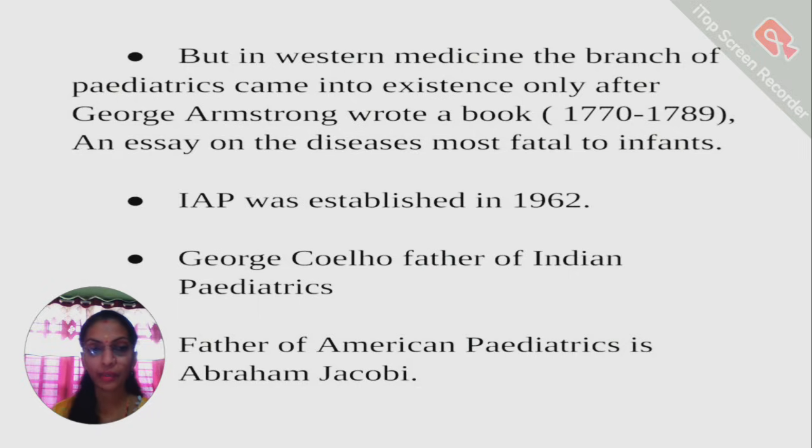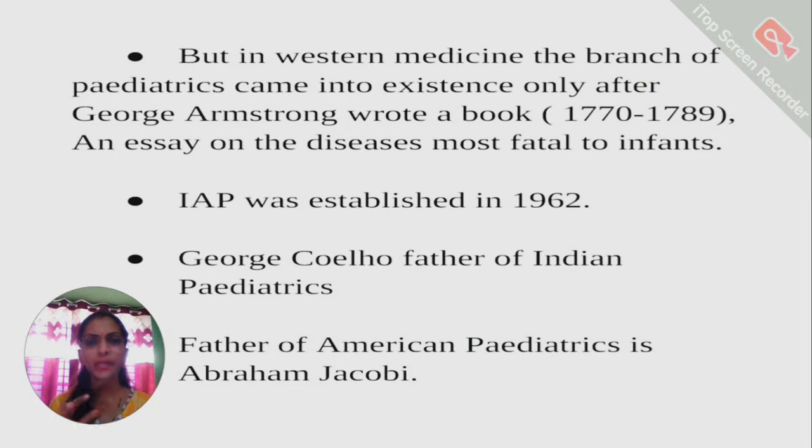But this was about our Ayurveda. What about modern medicine? In Western medicine, the branch of pediatrics came into existence only after George Armstrong wrote a book, between 1770 and 1789, An Essay on the Diseases Most Fatal to Infants. Only then did they get to know of a separate branch for pediatrics. The IAP, Indian Academy of Pediatrics, was established in 1962.